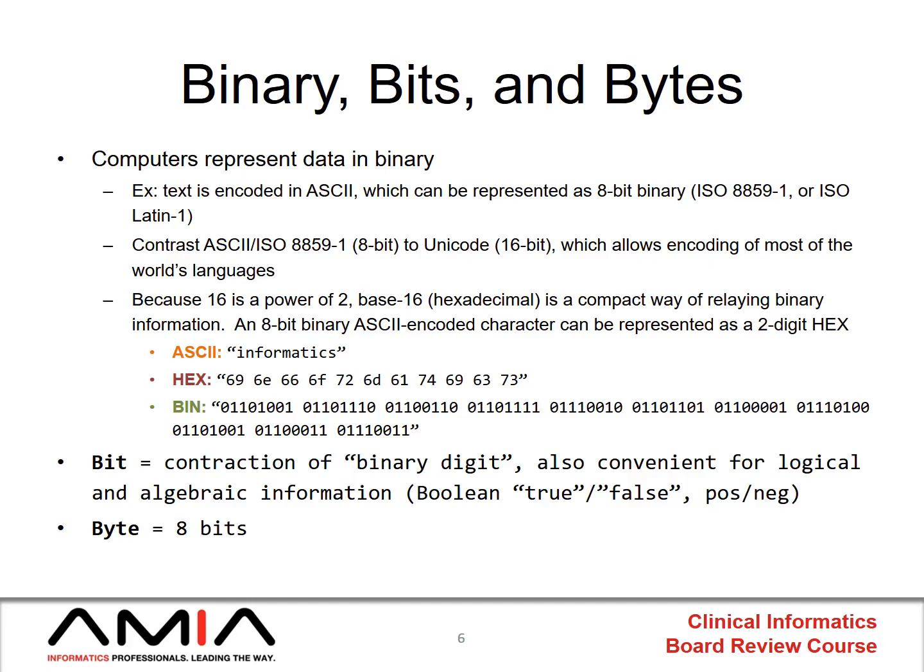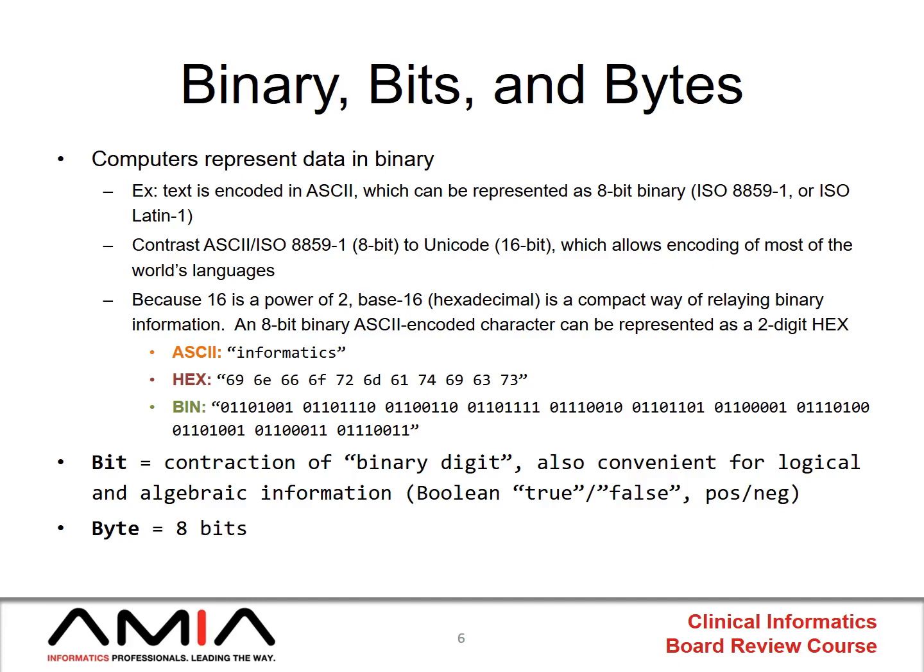Each of those has an 8-bit binary digit assigned to it in the ASCII encoding schema. And those 8-bit characters, again, can be represented as a 2-digit hexadecimal character. So the string informatics is represented by the hexadecimal string shown in red there.